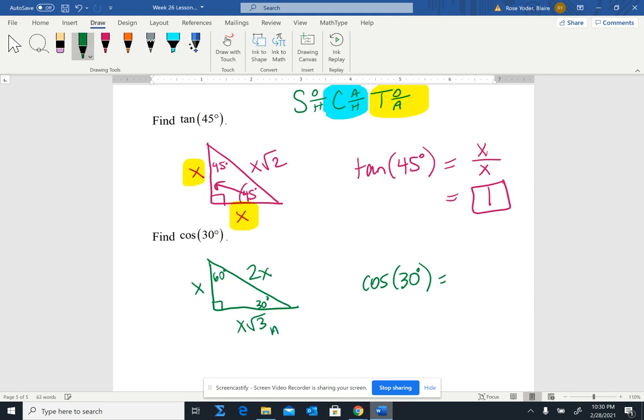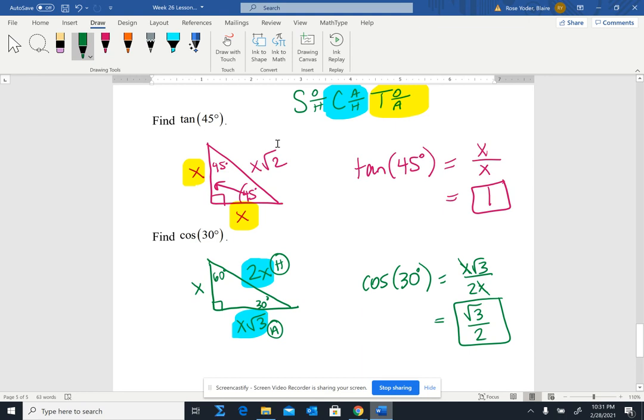The adjacent leg is the x root 3. The hypotenuse is the 2x. A over H, so I'm going to go x root 3 over 2x. If I cancel the x's out, I just get root 3 over 2. So if you type cosine 30 into a calculator, you'll get whatever the decimal of root 3 over 2 is.